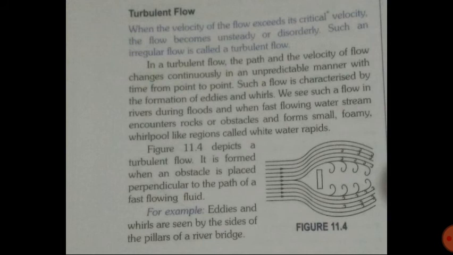Each and every particle will flow with its own direction, its own different velocity, etc. That type of flow is called turbulent flow. Turbulent flow means irregular flow only. Whenever we throw water or any other liquid with very high velocity, it flows in a very random manner, and that is called turbulent flow.